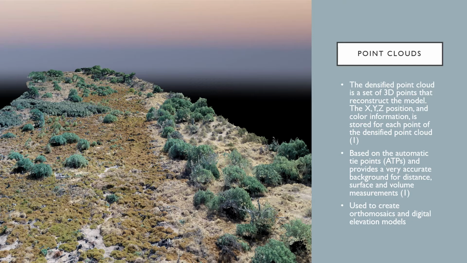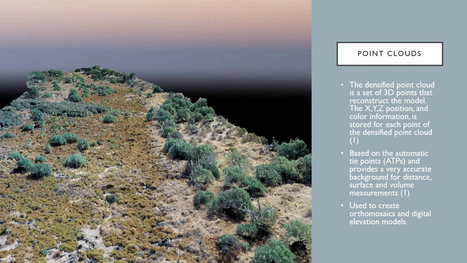Each one of these points represents an X, Y, and Z position, so you can think of left and right, up and down, and Z being our altitude. They also contain color information, and all of that is stored for each point in what we refer to as the densified point cloud. Now, the reason I'm talking about the point cloud first is because I'm going through this in the order in which we process our imagery.